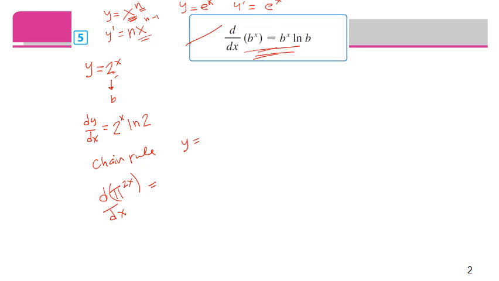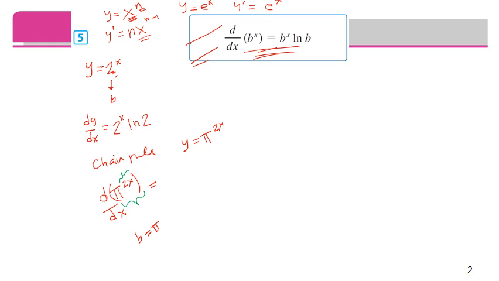So the function is y is equals to pi to the 2x. So we want to know the derivative of that. So we apply this formula. Our b is pi. Okay, and this one involves chain rule, because this whole thing here is the outside function, while 2x here is the inside function.